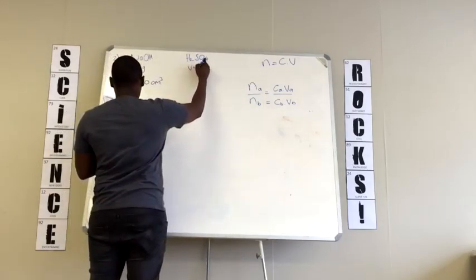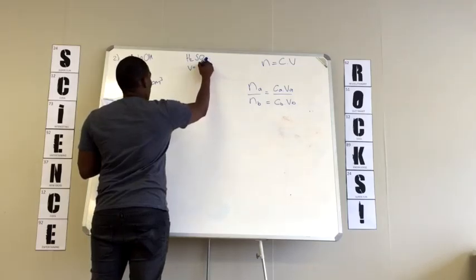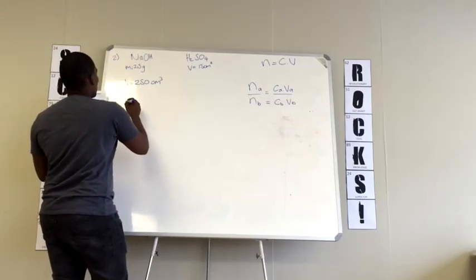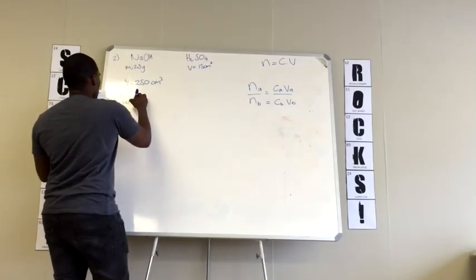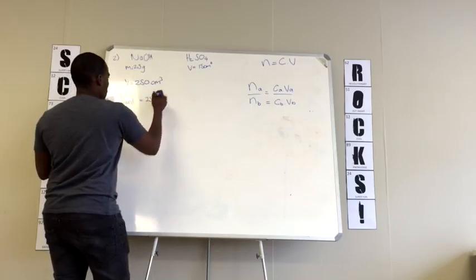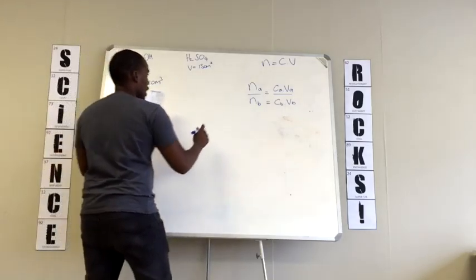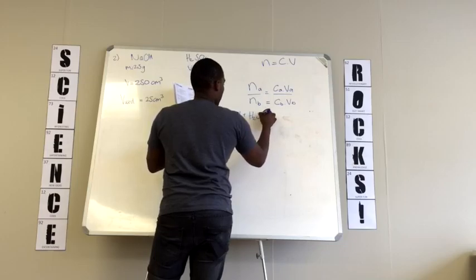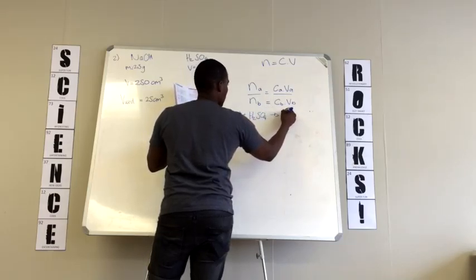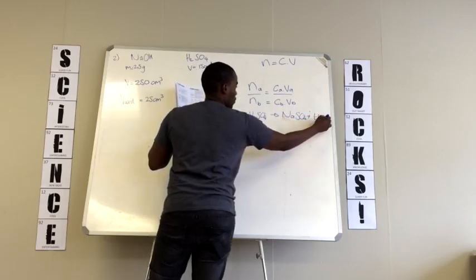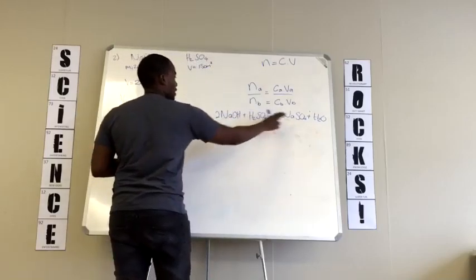We have the volume of this, which is 15 centimeters cubed, and of this, the volume used to neutralize was 25 centimeters cubed. Then they gave us our equation: sodium hydroxide plus sulfuric acid gives us sodium sulfate plus water. Acid plus base gives us salt and water.